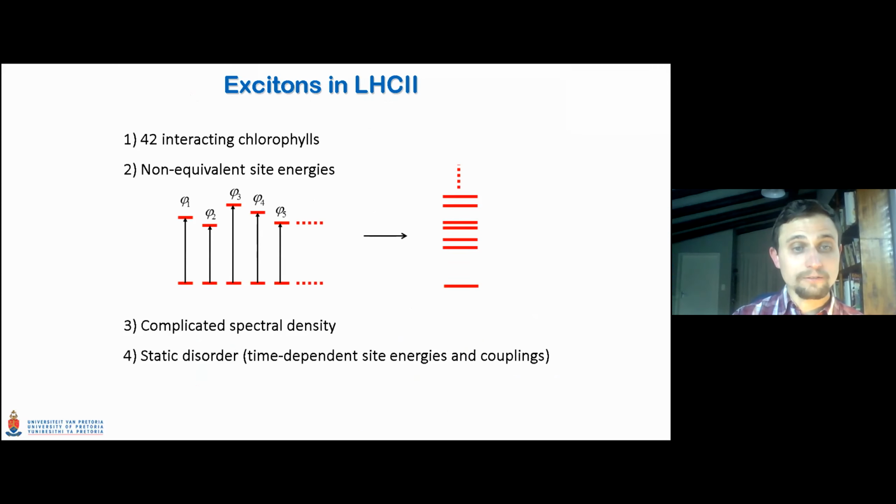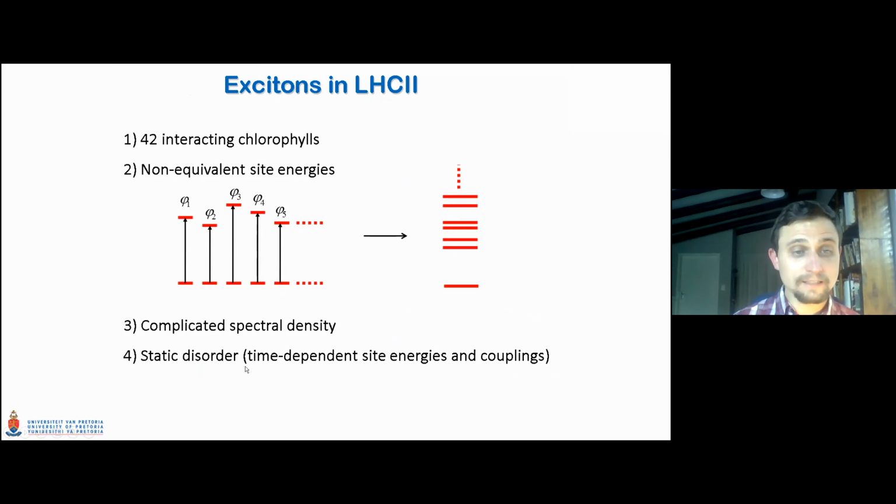But it's not trivial, because it's a very complex system. For example, here you have 42 interacting chlorophylls, you have non-equivalent site energies, you have a very complicated spectral density. The spectral density describes the interaction between your system and the environment.